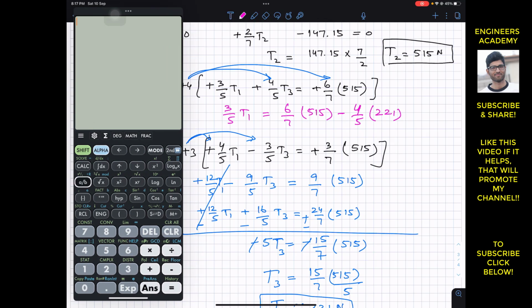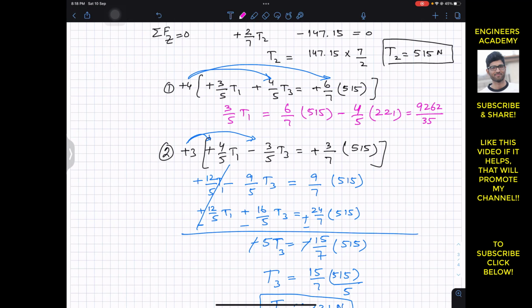So this is 6 into 515 divided by 7 minus 4 into 221 divided by 5. This gives us 9262 divided by 35.